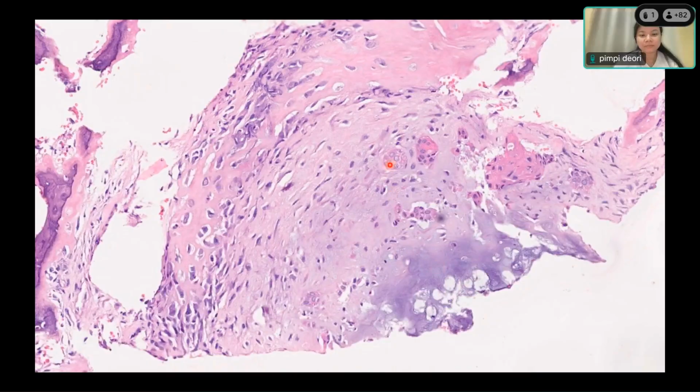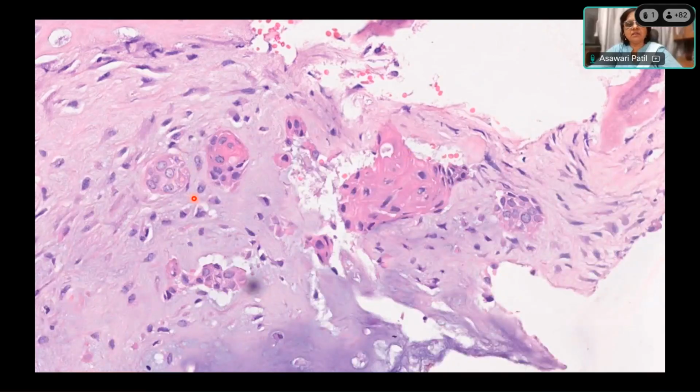This is a chondroid area. What about these cells? They're lacy. This pink area with nuclei. You see these clusters? They look like epithelial cells, right? Yes, ma'am. As you said, these look a little bit squamoid. Okay. Can you summarize the points that you have described?